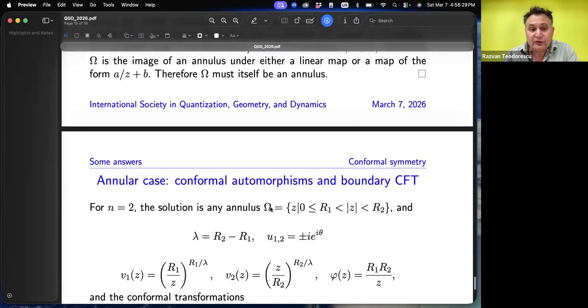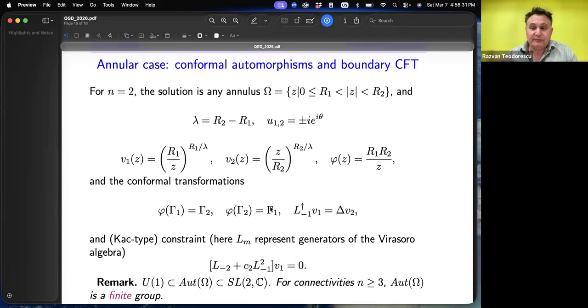So now let me just give you, in closure, some kind of interpretation from the point of view of conformal field theory or two-dimensional Yang-Mills theory, of what this is actually saying. When you have the annular geometry, it's very easy to actually solve those equations with elementary means. There are only two solutions, one for each boundary. On this page, I represent by R1 the smaller radius and R2 the larger radius.